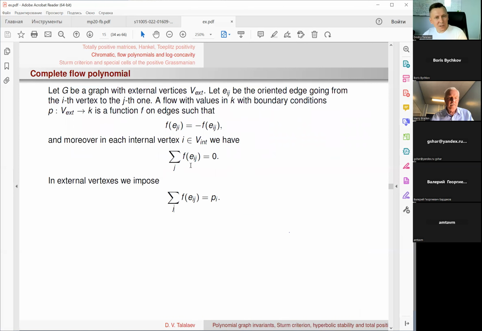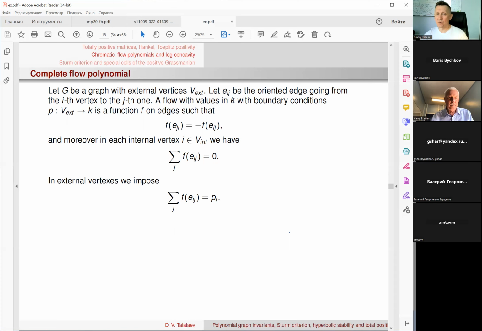There is some generalization of the flow polynomial, which is called the complete flow polynomial. Let G be a graph, and we choose some subset of external vertices of this graph. Eij, as before, is an oriented edge going from vertex i to vertex j.